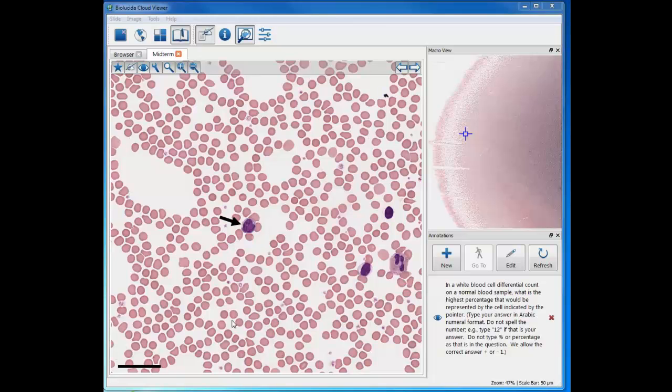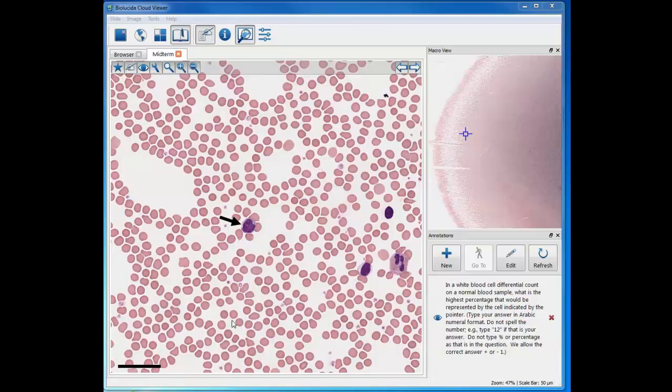And initially, before regrading, 65% of the class chose the correct answer. Then when we regraded, we allowed the percent sign to be put in, and we also allowed 33 with percent spelled out. But that only raised the correct response rate to 66%.